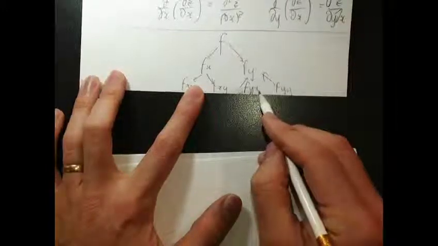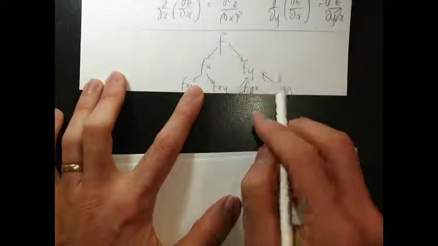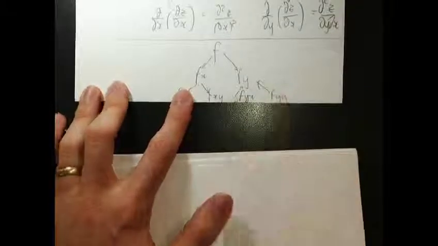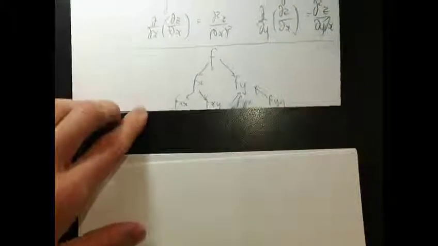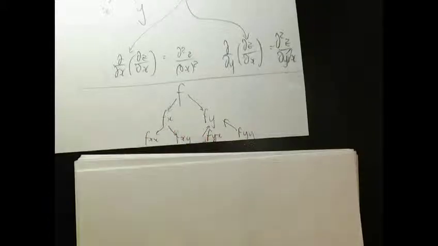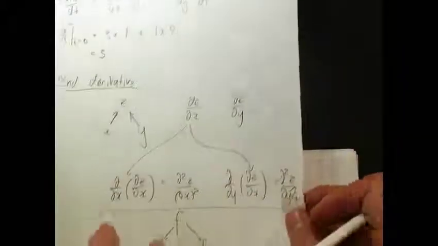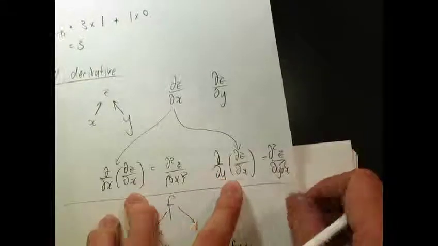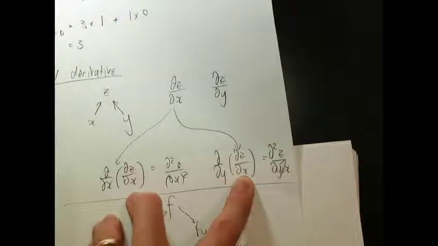This time the yx means the y has been done first and then the x, because of where it is in relation to the function that it's being differentiated. You see the y is next to the f, so it's done first, whereas in this one, the dx is actually next to the z first. Not that that's very important.